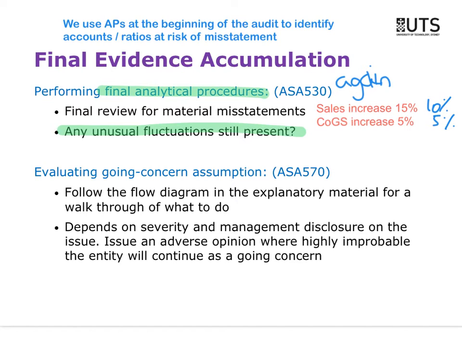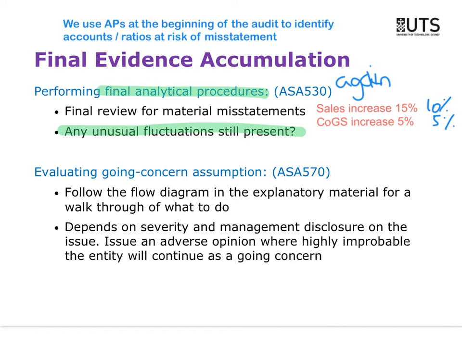We haven't found any evidence of a decrease in per unit manufacturing costs. Well, if you can't find an explanation for this gap, then there's a potential that there are still misstatements that need to be identified. So this is your last chance to catch something before the financial statements go out to the public. So really important to do.